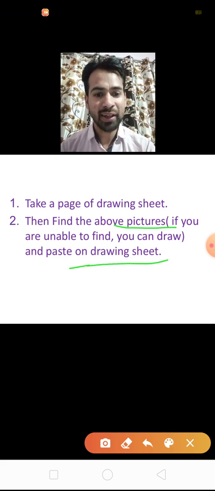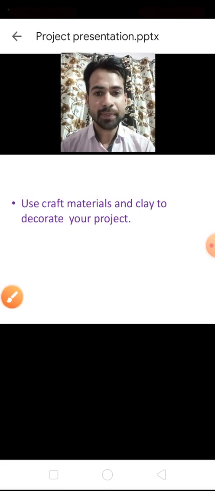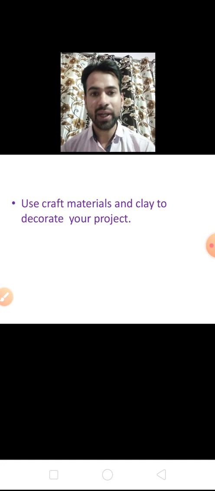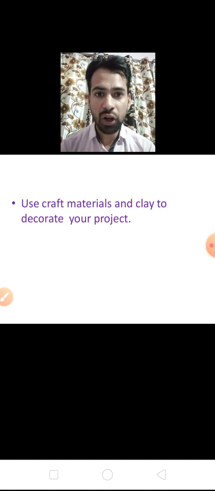Okay, clear? Now after that, use craft material and clay to decorate your project. First of all, you collect all the pictures, then you can decorate the outline of the pictures with craft material, and you can also use clay inside the project.